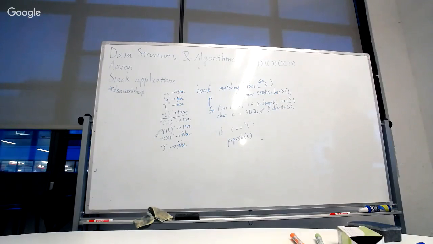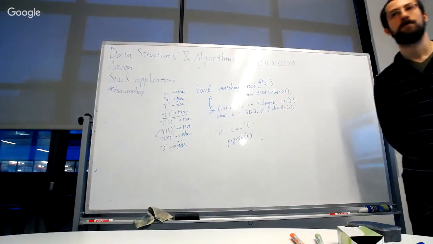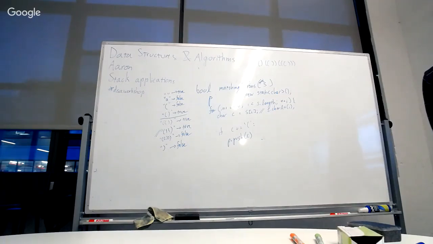That was one of the first DSA questions I got, and it was matching parentheses, curly braces, and square brackets. Instead of saying if C is an open parenthesis, or an open square bracket, or an open curly bracket, you just put those in a hash table and see if it's one of these.